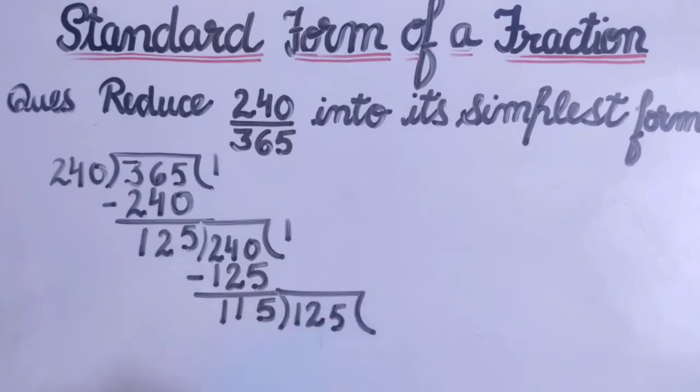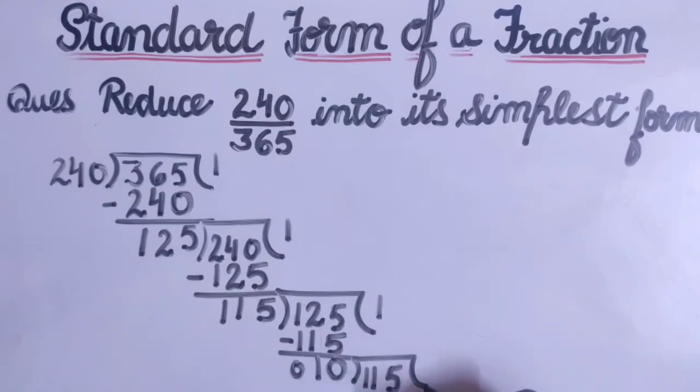We will continue the process till the time remainder will be 0. Now 115 ones are 115. What will be the remainder now, students? Remainder will be 10. Now once again remainder will become divisor and this divisor will become dividend.